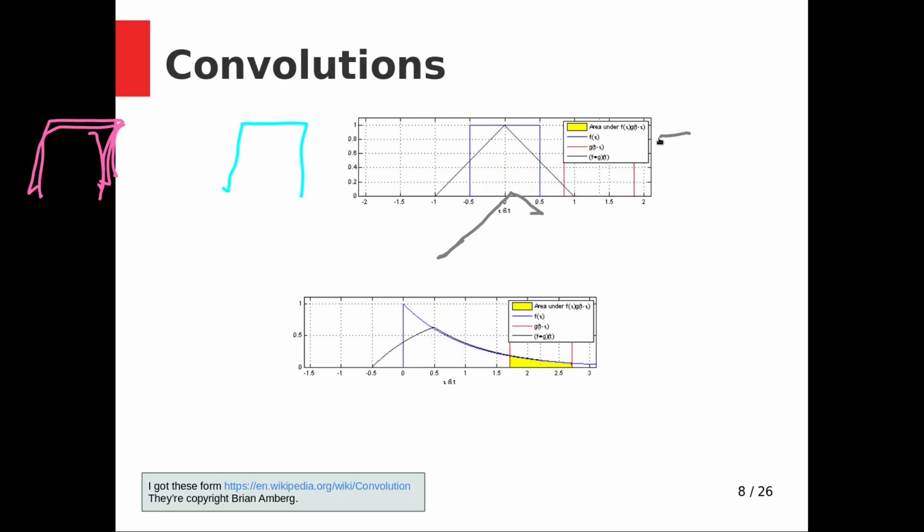Because here the signal and the filter are identical. So when they perfectly overlap, you get a high value. And then it starts going down again after it slides off and they differ, right? So we can interpret this as finding sort of a match between our signal and our filter, right? They match right here.